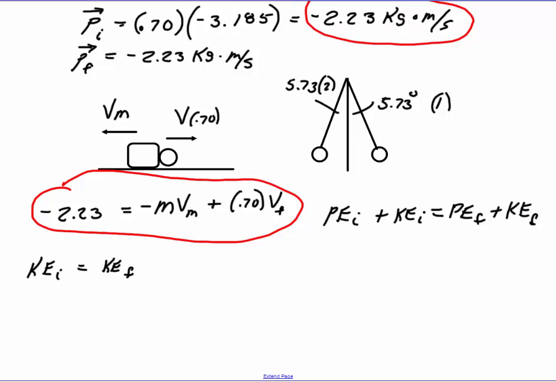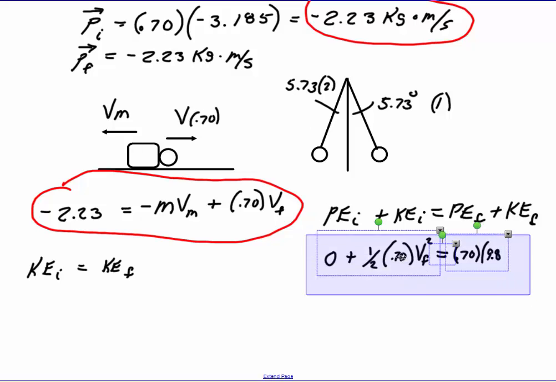Again, we're taking everything with respect to this point here. My potential energy at the very bottom would be 0. My kinetic energy is going to equal 1/2 times 0.70 times this velocity, we call it V final, squared, meaning after impact, because that's what we're trying to find, is equal to the potential energy. Isn't that just going to be 0.70 times 9.8? I'm going to move that down. I'm going to run out of space here.